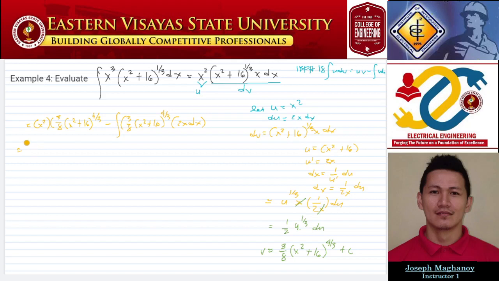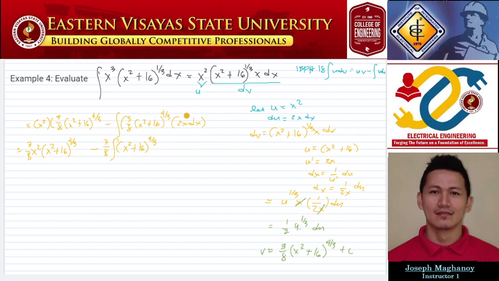So 3/8 times (x squared plus 16) to the 4/3. Here, we carry out the real number constant. So we have 3/8 integral of (x squared plus 16) to the 4/3.